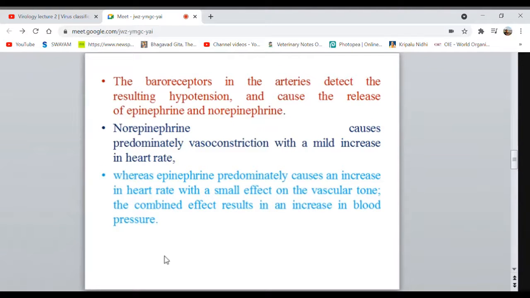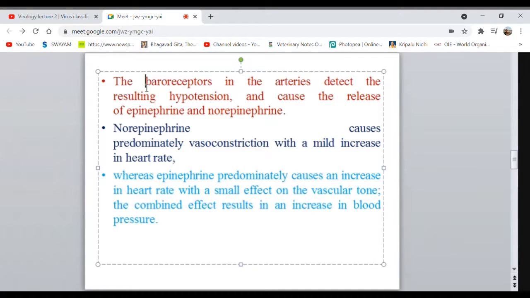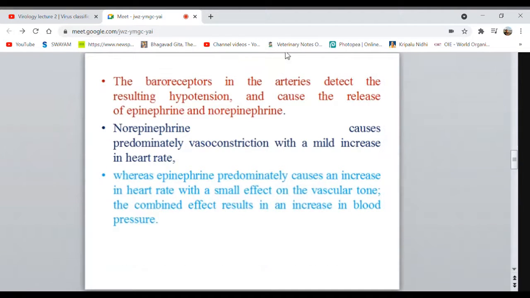Now the baroreceptors in the arteries. Baroreceptor means pressure sensor, which can bear the pressure. So the baroreceptors in the arteries detect the hypertension and cause the release of epinephrine and norepinephrine.